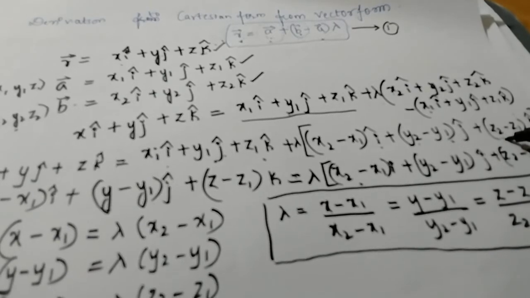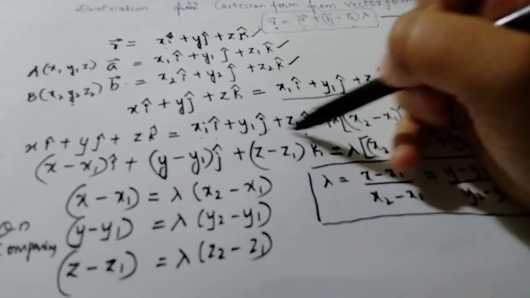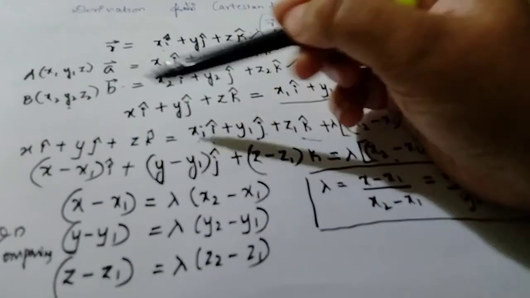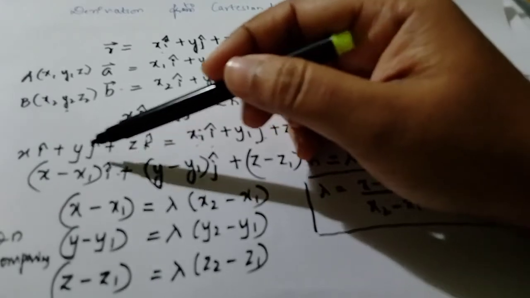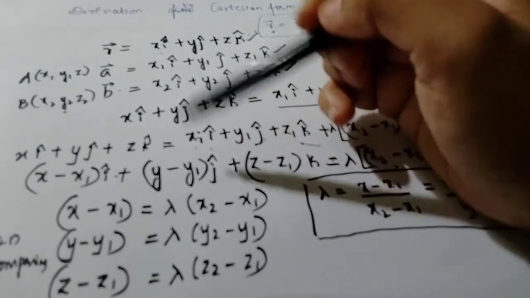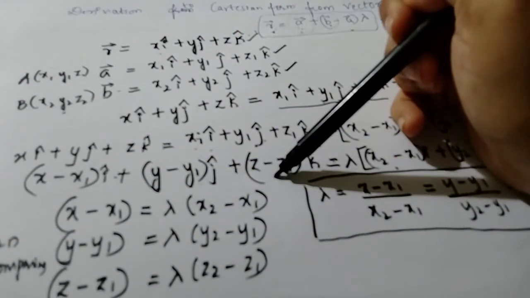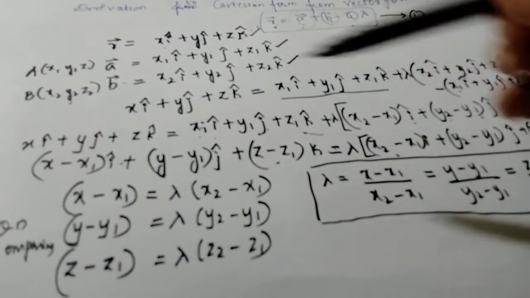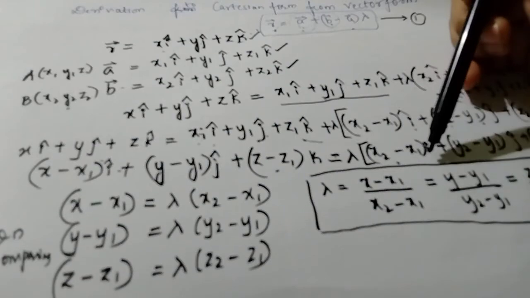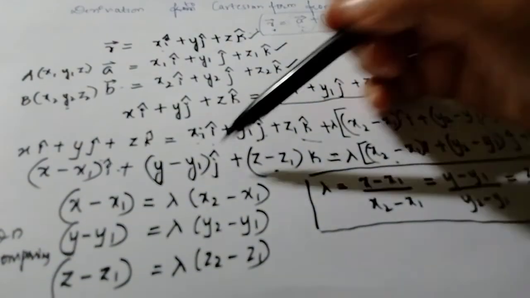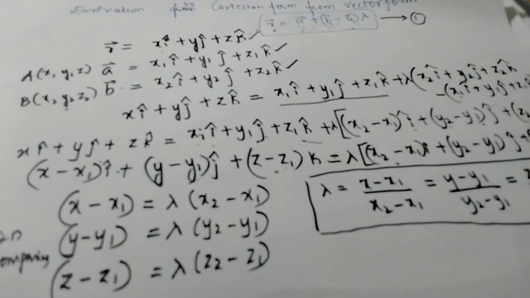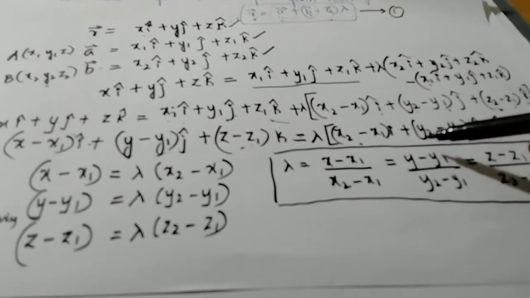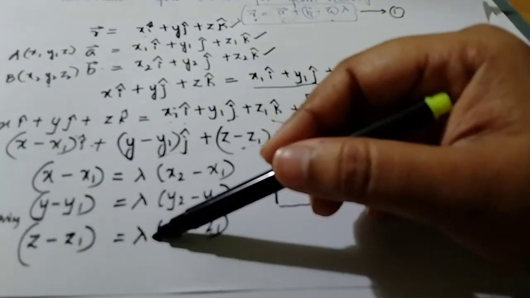Okay. Next what you have to do, you have to take this complete term to the left hand side. What it becomes? X minus x1 into i, y minus y1 into j, z minus z1 into k. So this side I have kept it as it is. Next part is just equating i coefficients with i, j with j and k coefficients with k. After equating you get the lambda value, as all three are equal to lambda only.